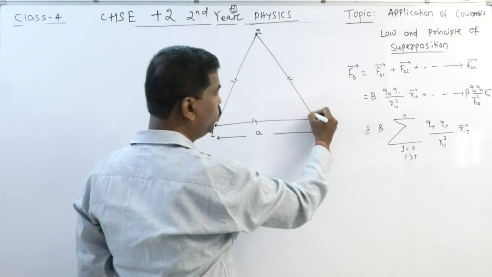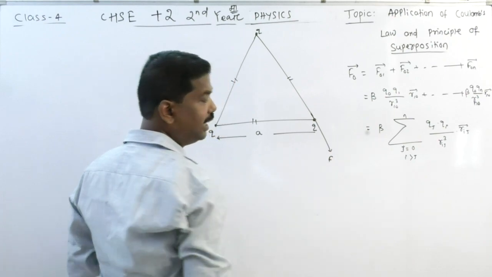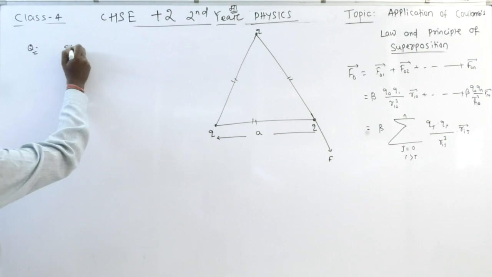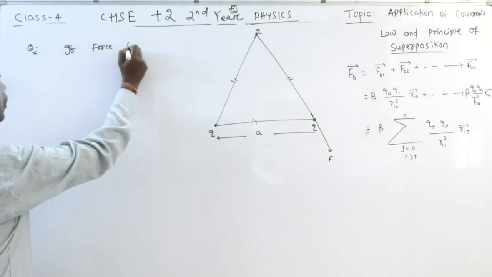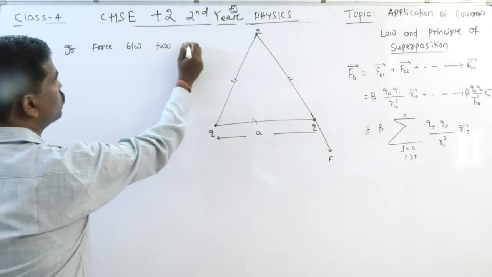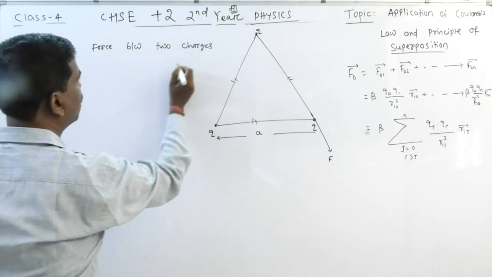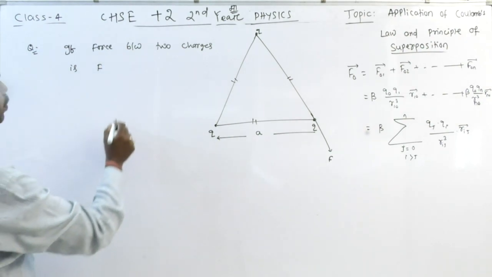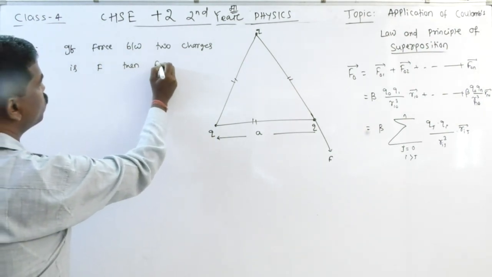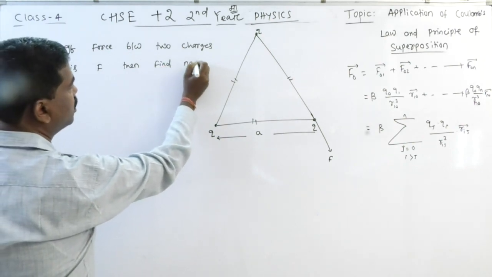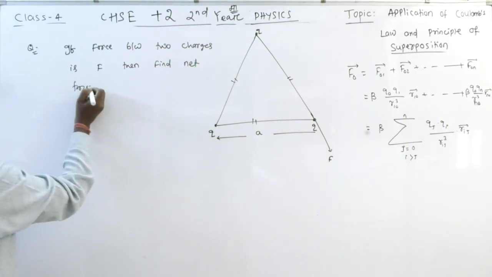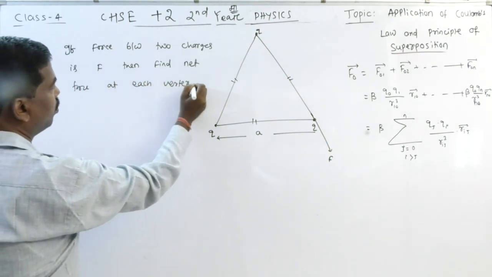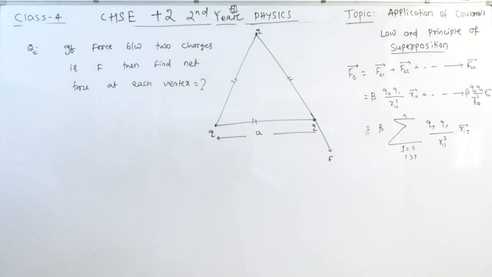If the force between the two charges is F, find the net force at each vertex.